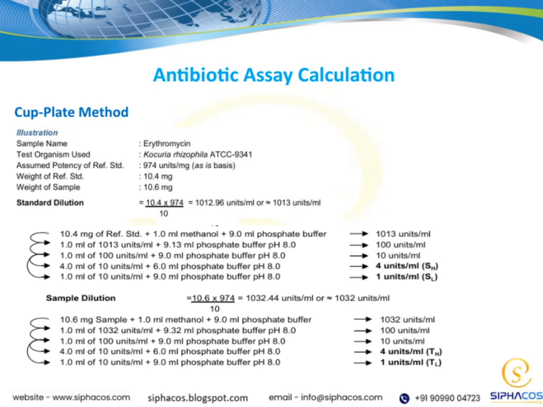This method connects to the overall theme of quality control in antimicrobial testing, ensuring that our antibiotics meet the required standards before they reach patients. So, understanding the cup plate method and how to perform the calculations correctly is vital for accurate assessment of antibiotic efficacy. It's a straightforward yet powerful tool in microbiological assays.